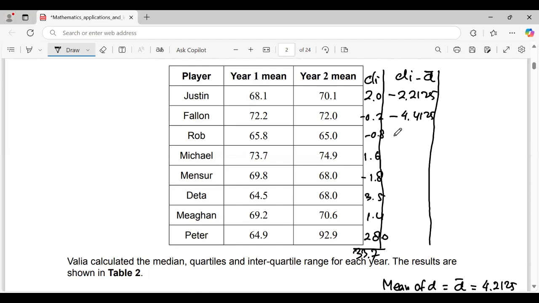Then continue with the same method: minus 2.6125, minus 6.0125, minus 0.7125, minus 2.8125, and minus 7.7875. Then 28.0 minus 4.2125, the result is 23.7875.